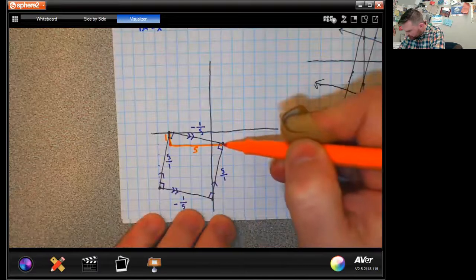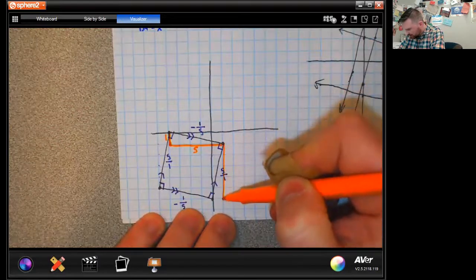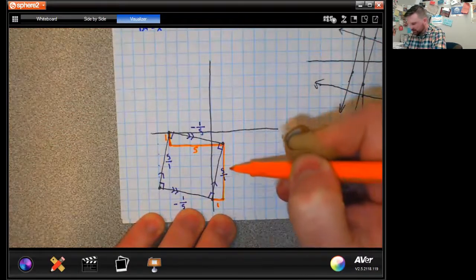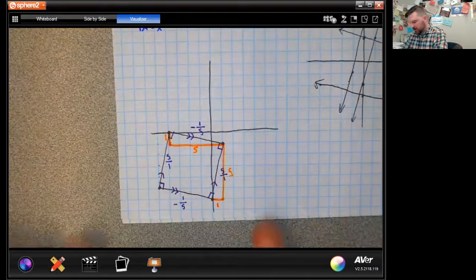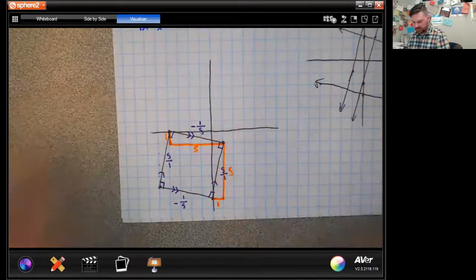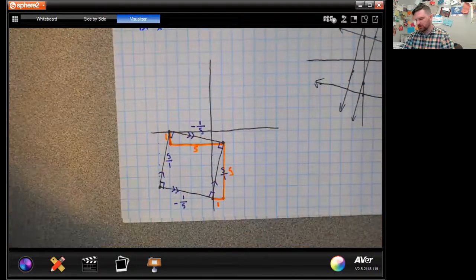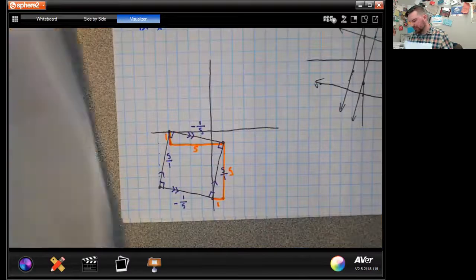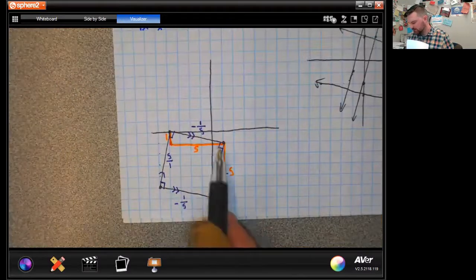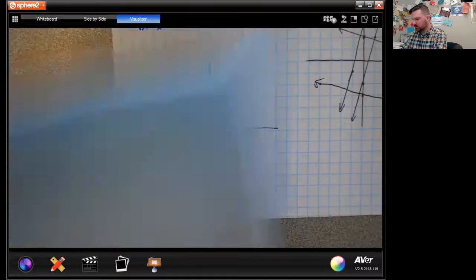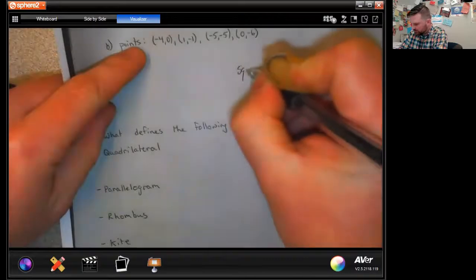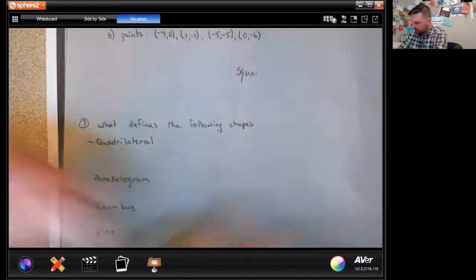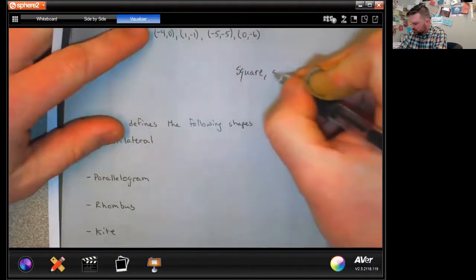Then if I go over here from this point, I make my right triangle, that's 1, and that's 5. So no matter what, these hypotenuse will be the same length. So in this case, if I have 4 right angles and 4 sides that are congruent, we have a square. See graph.